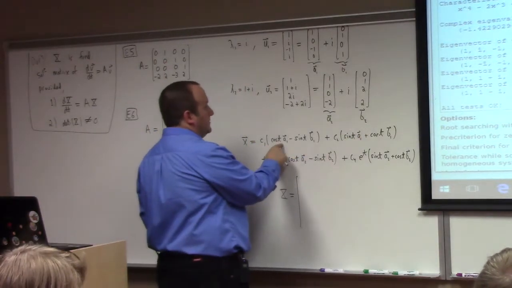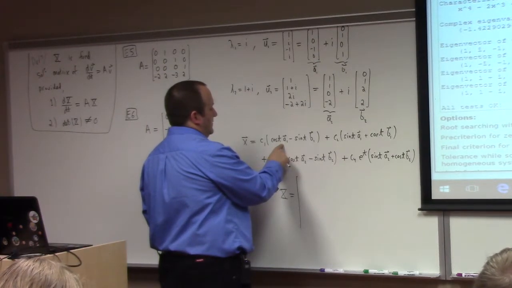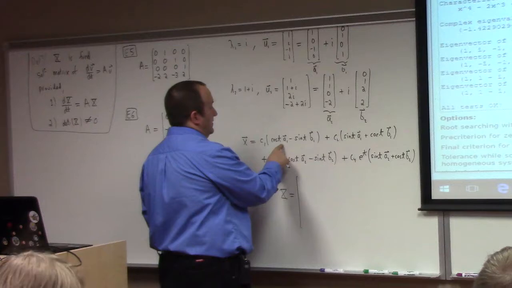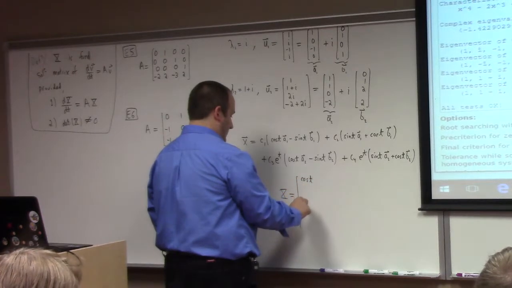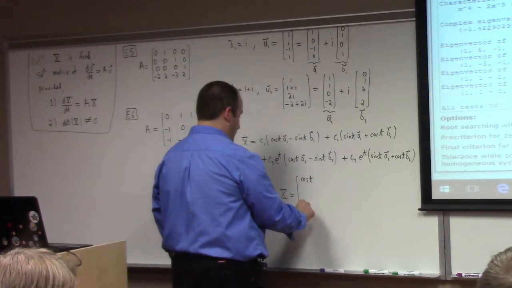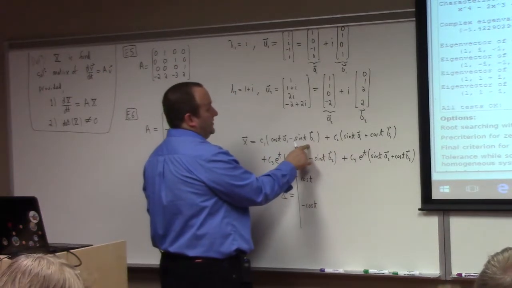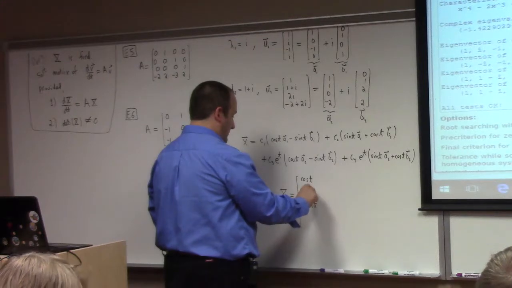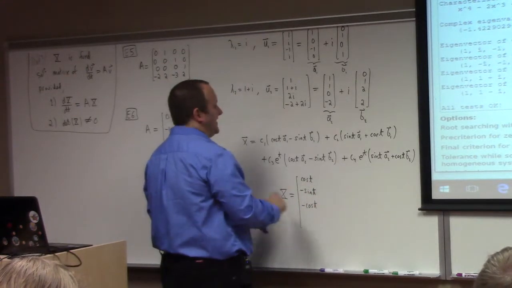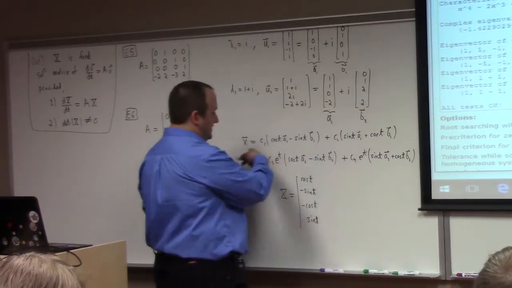My A1 gives me cosine t here, and another minus cosine t in the third spot. The B's give me minus sine t here, and sine t down here. Those are the terms next to C1.